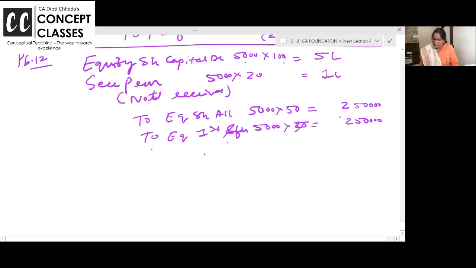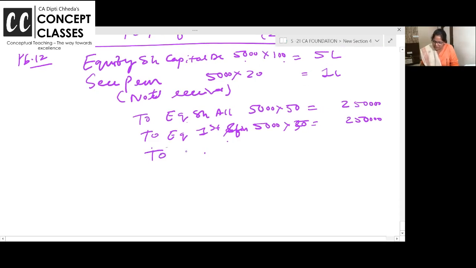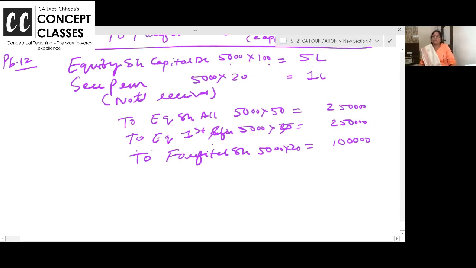Equity share allotment due and not received. Equity share. So what is to be forfeited? Forfeited shares, 5000 into 20. 1 lakh. 6 lakhs and 6 lakhs. Total tallied. देखो.